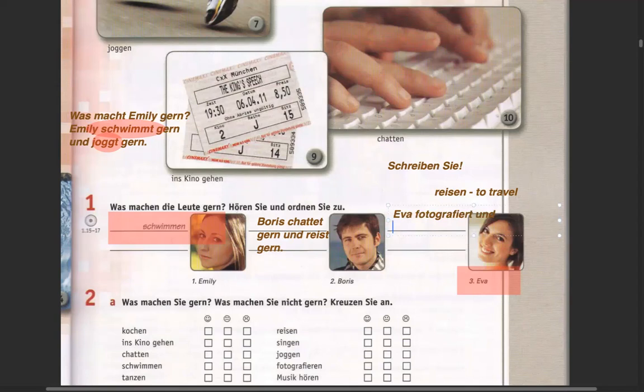Somebody else. Freunde, Kollegen und tanzt. Very good. Eva fotografiert und tanzt gern. She likes to dance and photograph. It's not that difficult. See, if you remember the rules, you'll be fine.